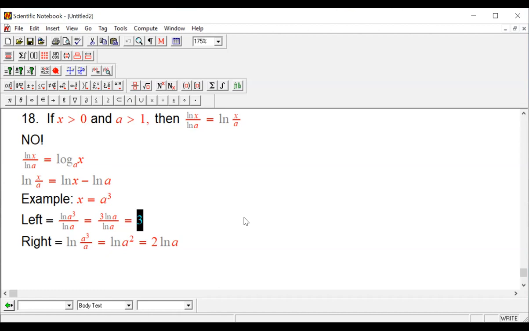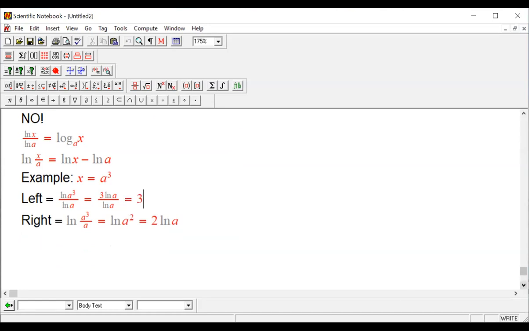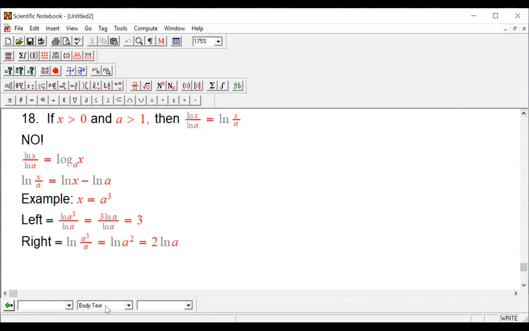Okay. And another situation, if you really want to see that they're not the same, I will give you another example. In this other example, I'm going to choose a equals e, and x equals e to the power 3.